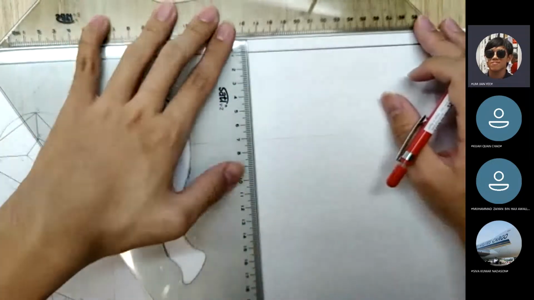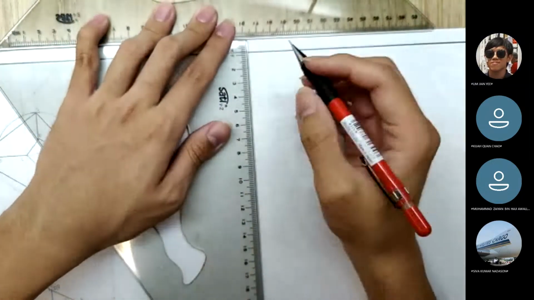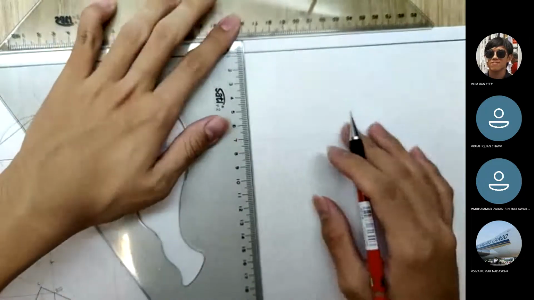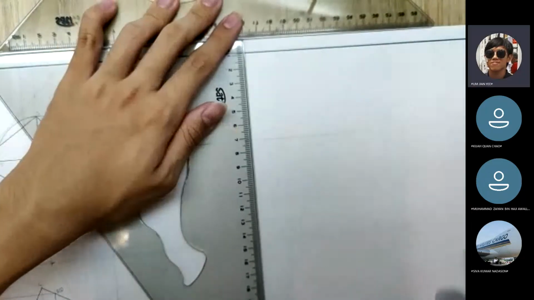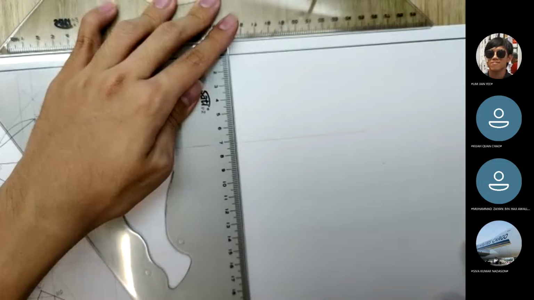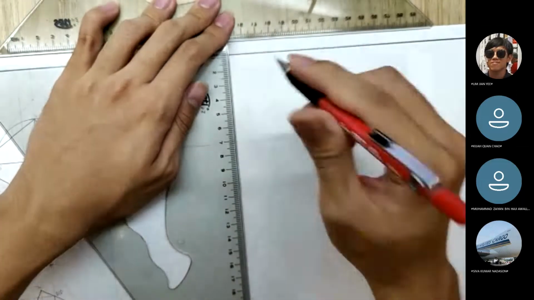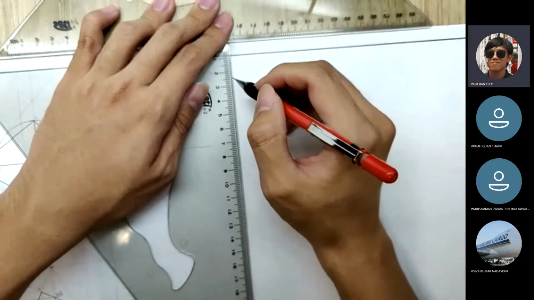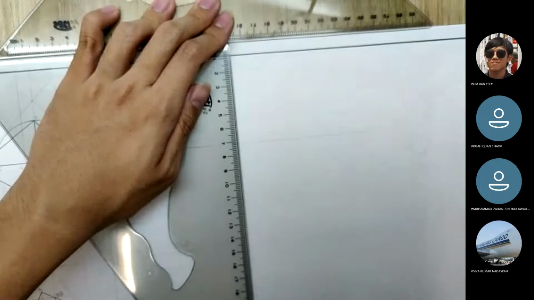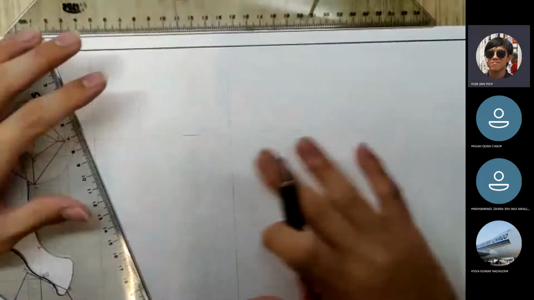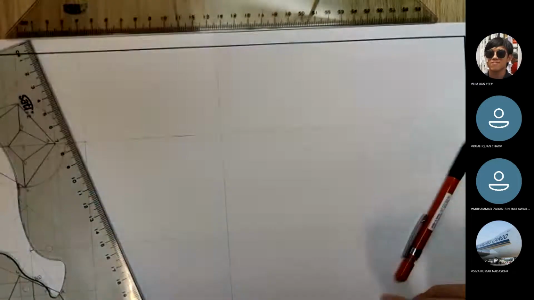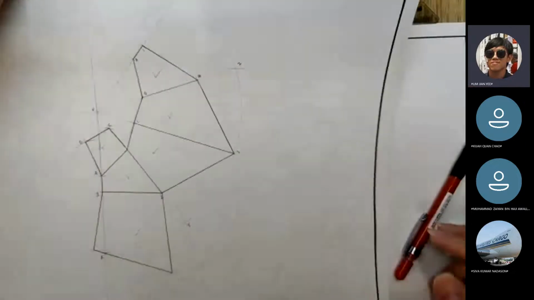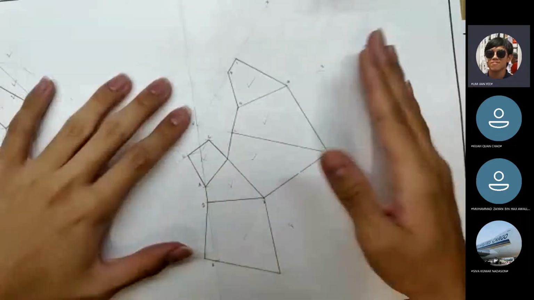So okay, draw a vertical line down. So what's the next part? The next part is this thing.